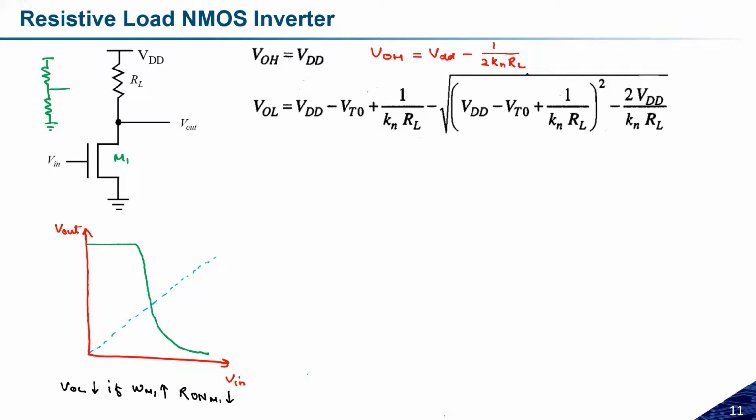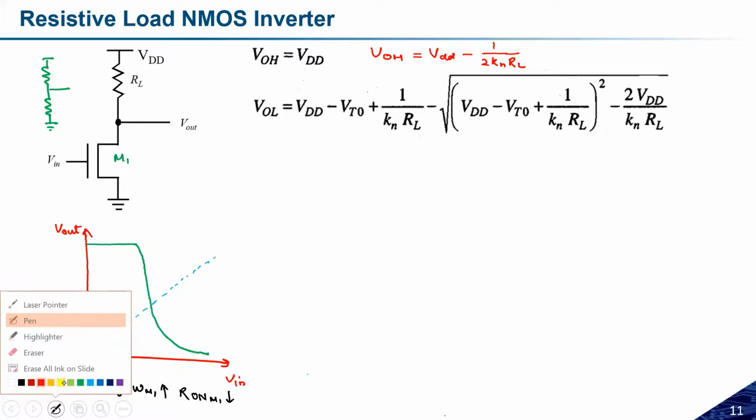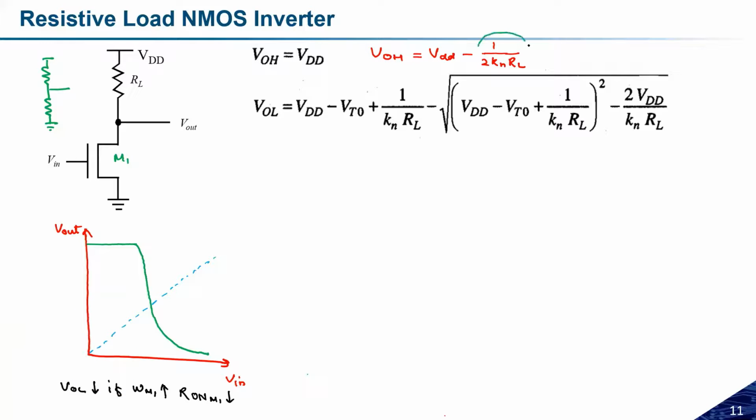But if you have increased the strength of M1 to make the VOL lower, in that case the resistance of M1 will start dominating as compared to RL. So this particular factor will come into the picture if you are decreasing the resistance of M1, or increasing the size of M1, to make a lower VOL.